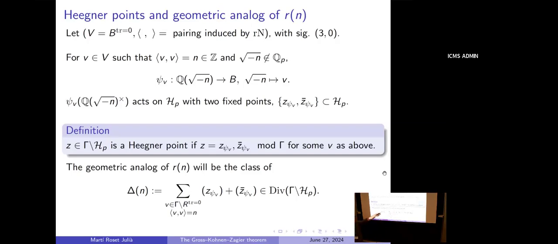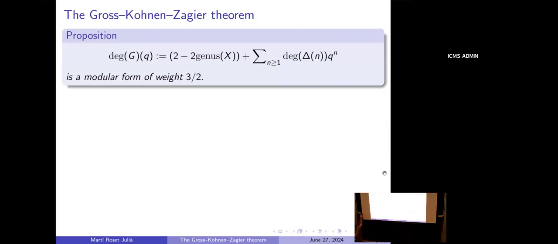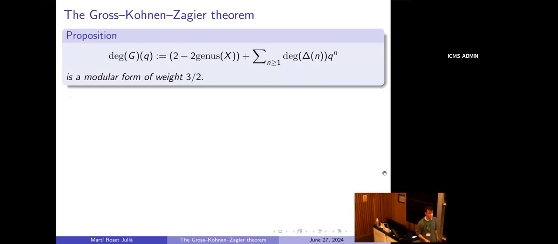So the first observation then is that if we take the degree, it's very tempting to say that the generating series that I'm calling degree of G, made of the degrees of these divisors, will be a modular form of weight 3/2. And this is indeed what happens.